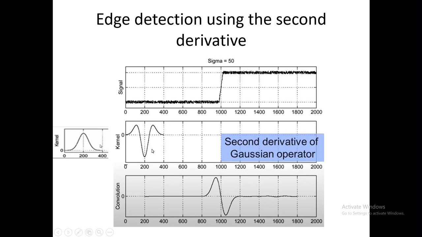And when we apply that to f, this function, it's the same thing as taking the second derivative of the smooth version. So we were looking for the zero crossing at the bottom of the graph, and that corresponds to where the edges are.